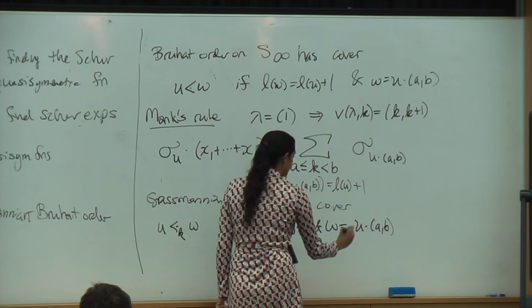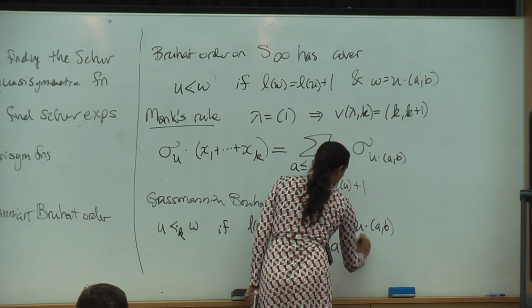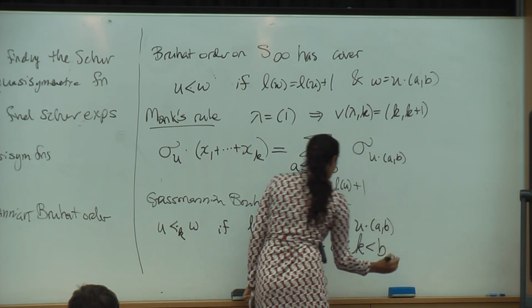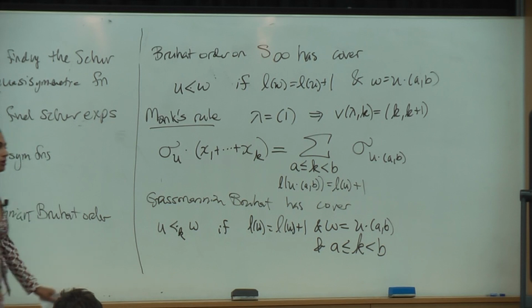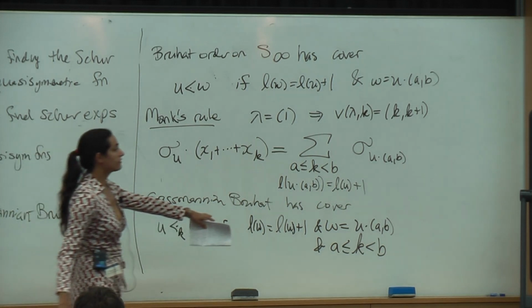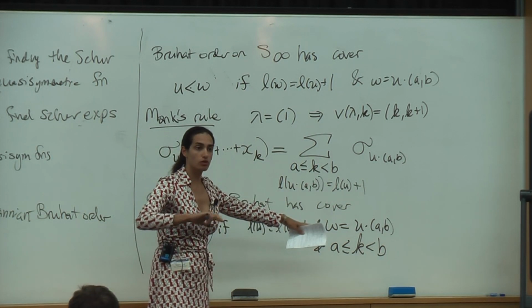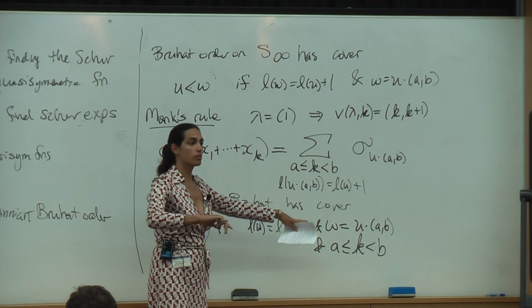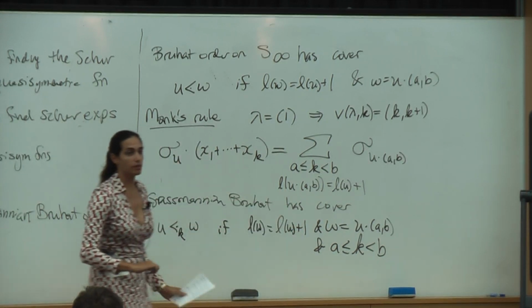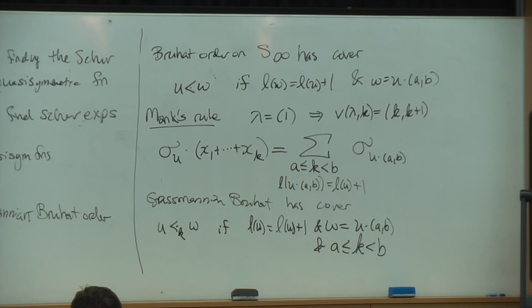And you now have an addendum, which is that a and b have to straddle k. So this condition means that I've just dropped some of those covering relations in Bruhat order, so I'm only selecting certain chains now. The chains in this Grassmannian Bruhat order are a subset of the chains in the regular Bruhat order.